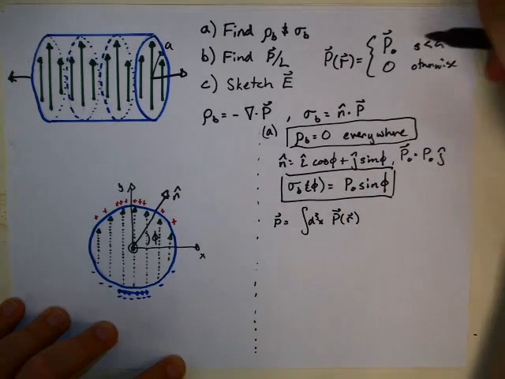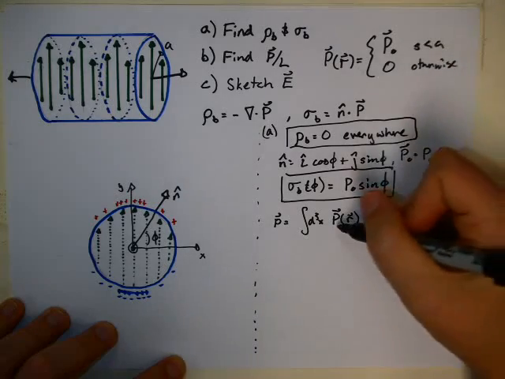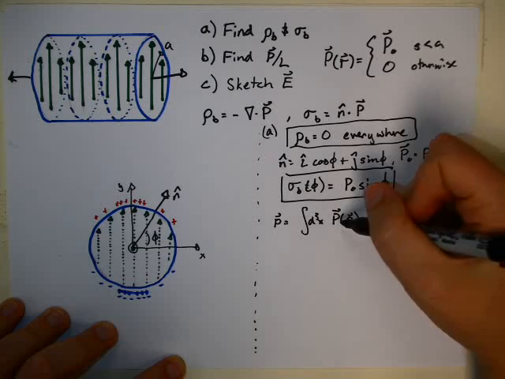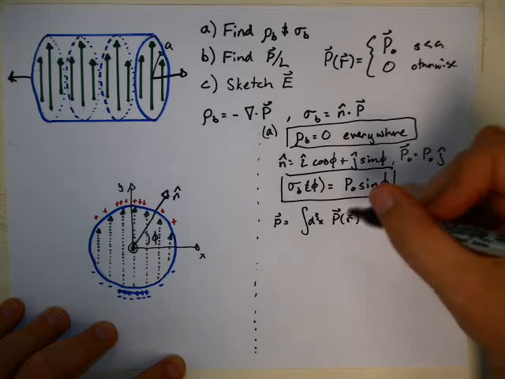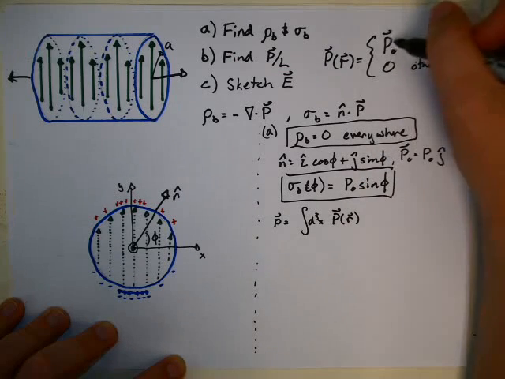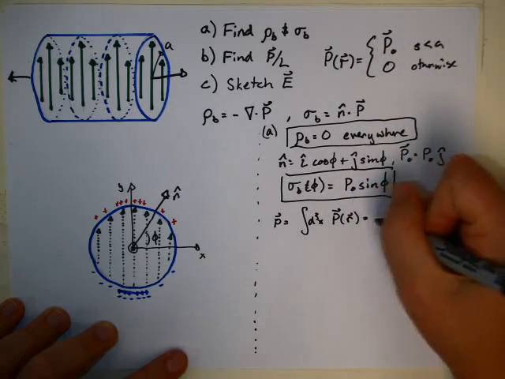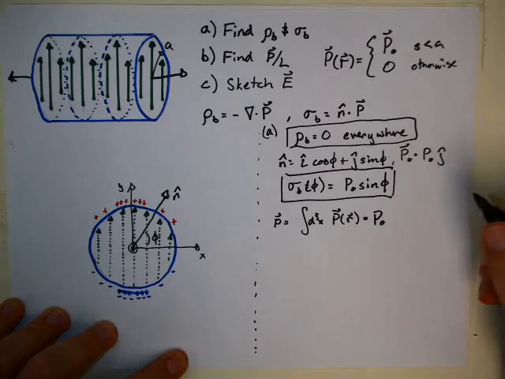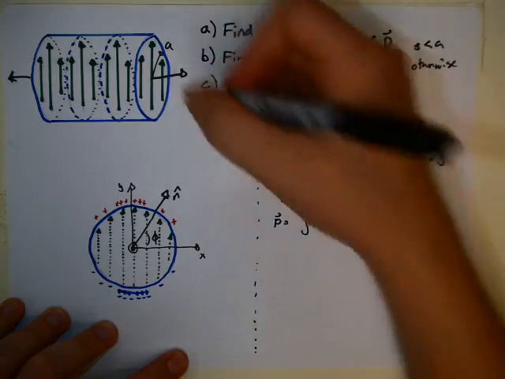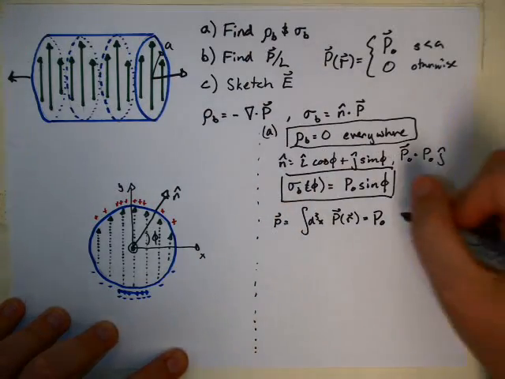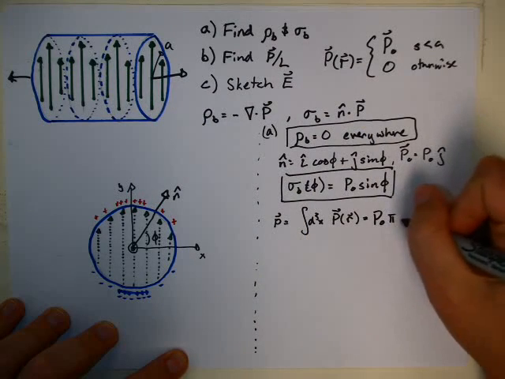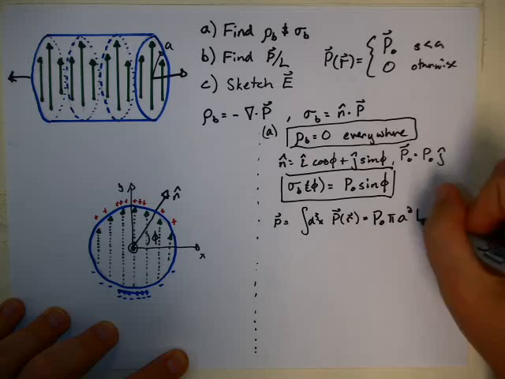But our polarization is a constant in this volume, so this is simply going to be equal to p naught times the volume of the thing that we're looking at, which will be pi a squared times the length that we're looking at.